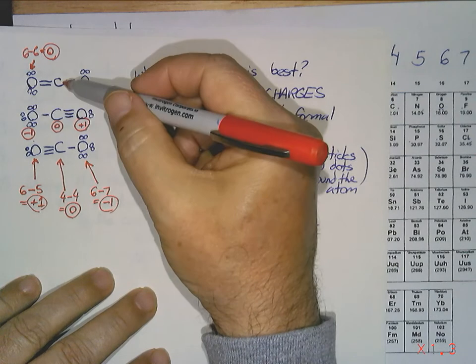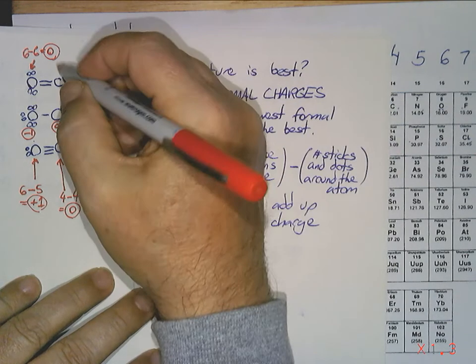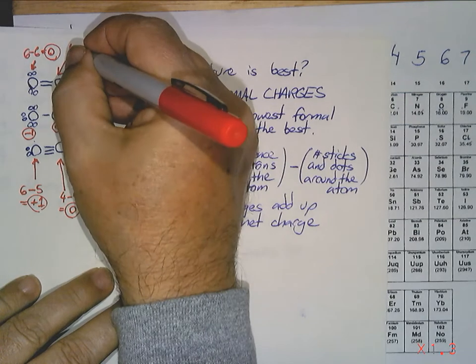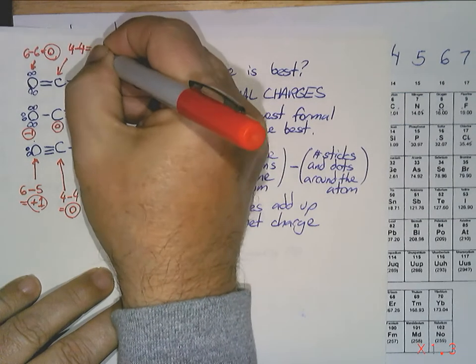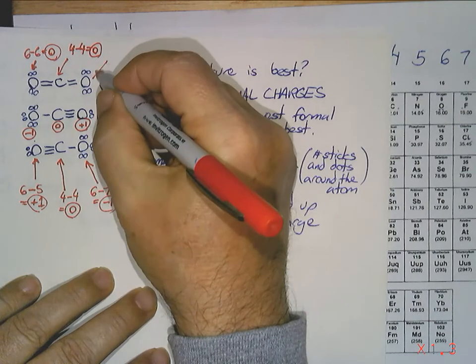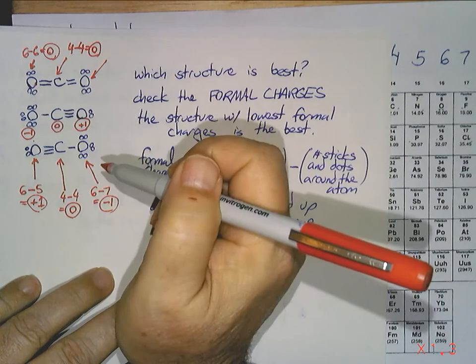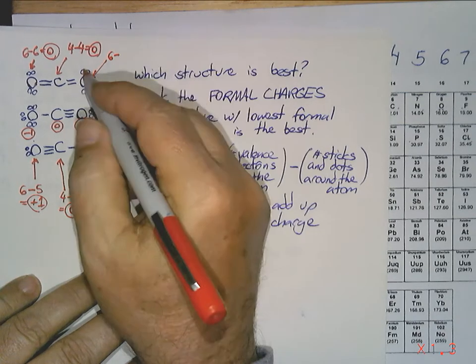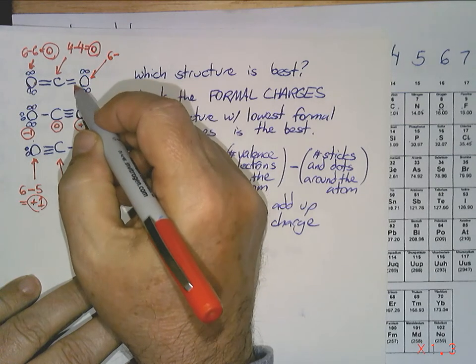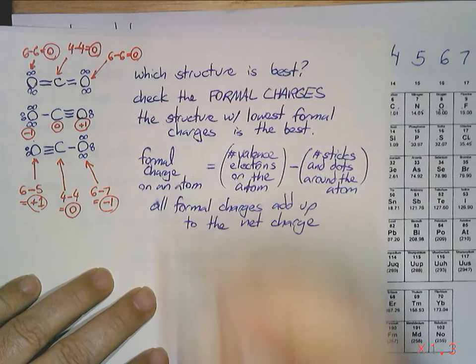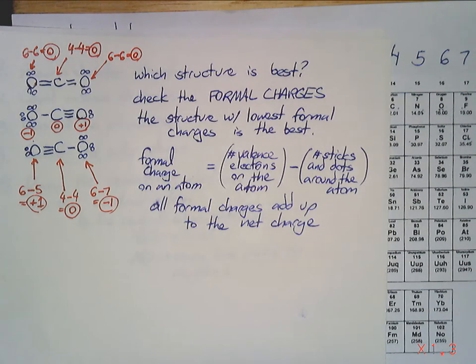All right, this carbon has 4 valence electrons minus 4 sticks around it, which is a formal charge of 0. This oxygen is pretty much the same as this oxygen over here: oxygen has 6 valence electrons minus 1, 2, 3, 4, 5, 6. And I'm counting sticks and dots, not electrons, when I do formal charges.